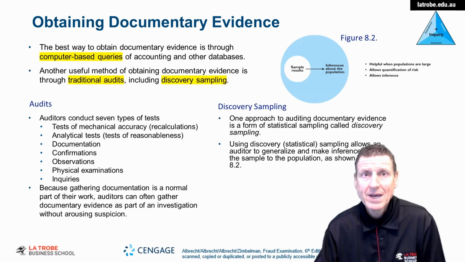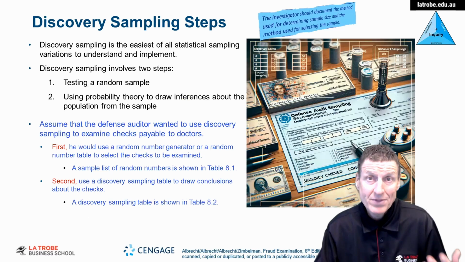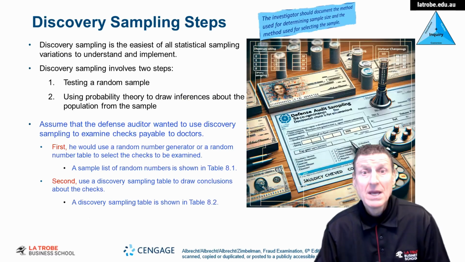So what do we mean by that? Well, what we mean is that you're going to be working with a random sample, okay? And number 2, you're using probability theory to draw inferences about the population from the sample.